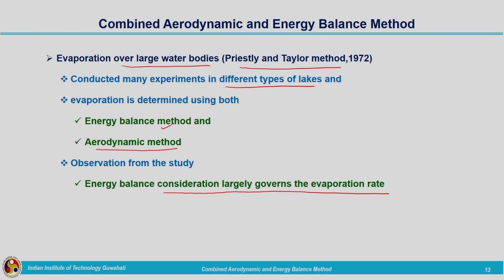That we know, if sunlight is not there, what is the energy source for this process? So the energy balance method incorporates the net radiation coming from the sun, and that is the predominant factor influencing the second part, that is the vapor transport due to wind and specific humidity gradient. It was found that only 30% of the first term comes from the aerodynamic equation.